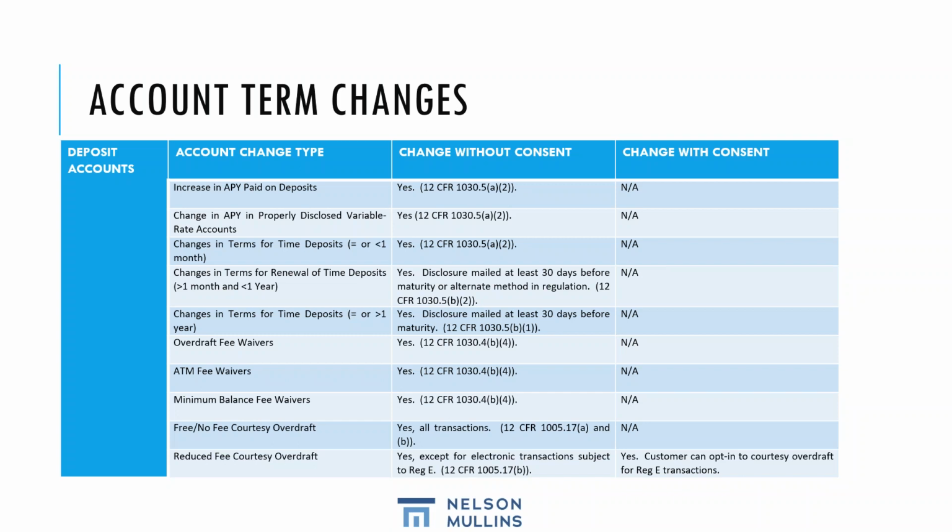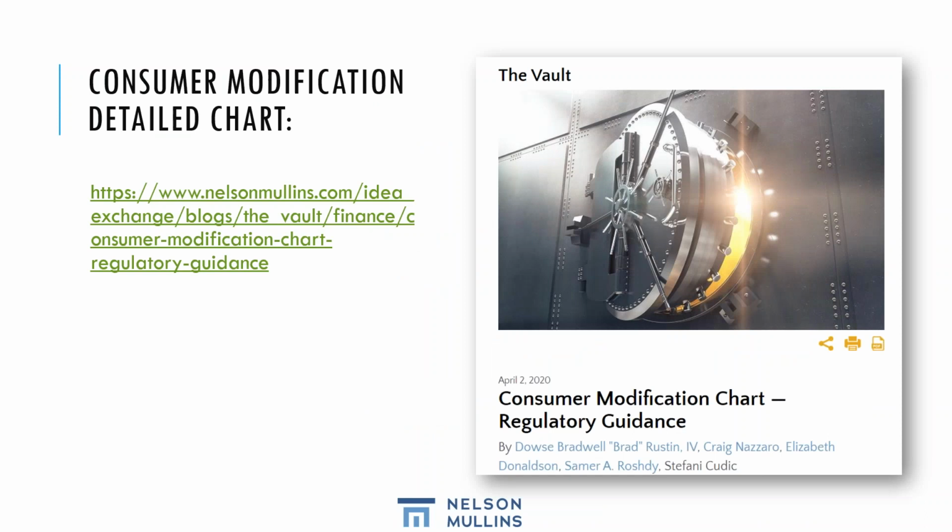And so we have, and here's the link on our website, a complete chart of all the various changes that may be applicable, and you can use that as kind of a quick reference guide as you're thinking through those. Whether it's a consumer lease, a consumer unsecured loan, a secured loan, there's information on what you can change on open-end credit programs, all that may be useful and a resource for you or your institution as you're thinking about this.